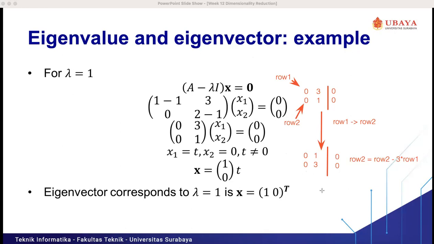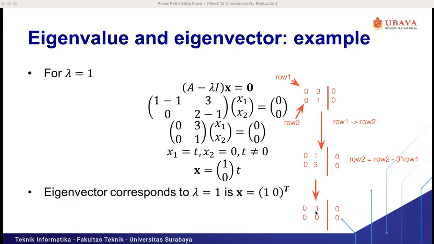So the third step will be like this: 0, 1 and 0, then 0 and 0. So we have 0 values for row number 2.